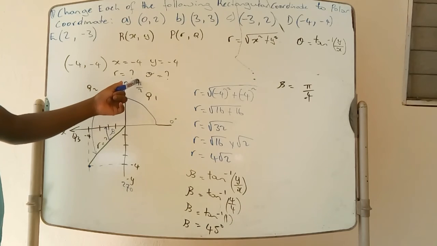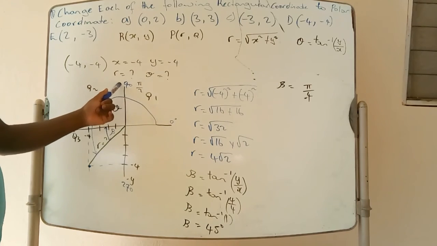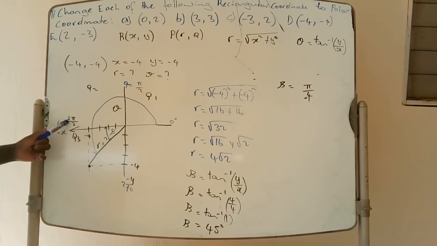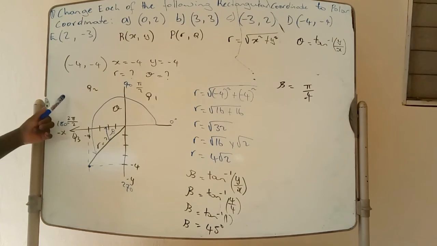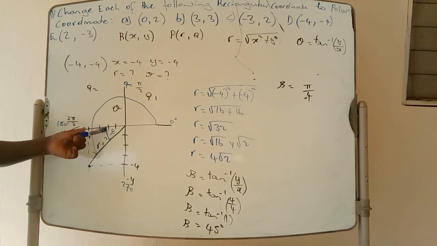If you have 1 pi over 2 plus 1 more pi over 2, that's 2 pi over 2. But 2 pi over 2 cancels to just being pi. But I'm going to work with the 2 pi over 2. So I know that this angle here, which is beta, is pi over 4.